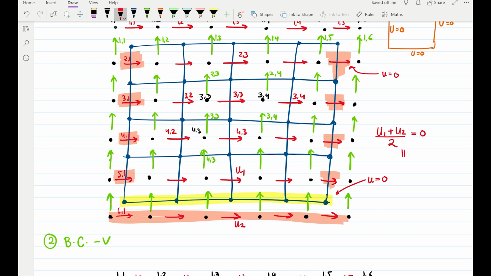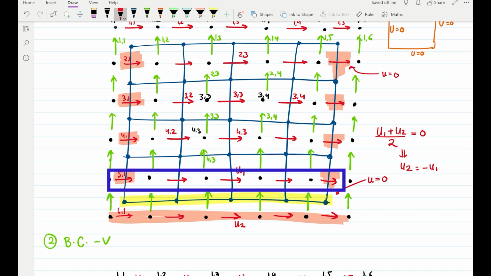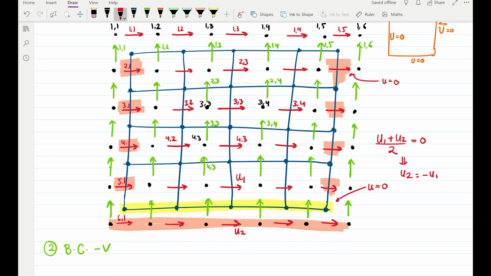And therefore, u2, which is the unknown velocity, would be negative of u1. And what that means is, all of these external boundary u velocities would be negative of the corresponding interior u velocities. So that is how we can evaluate the bottom u velocities.